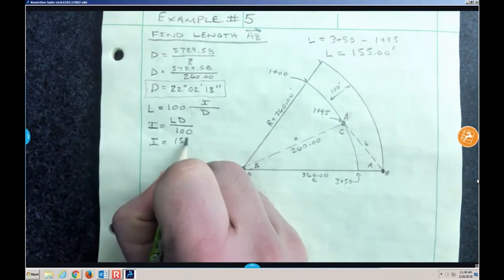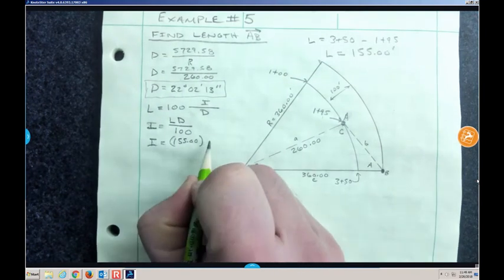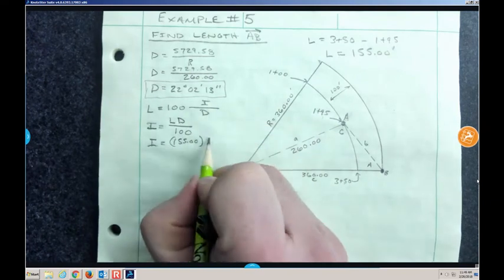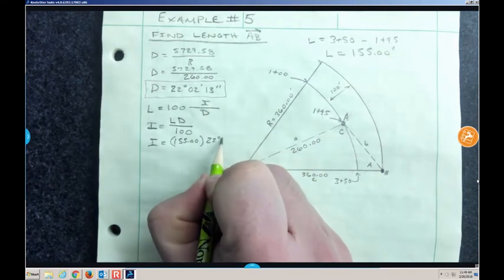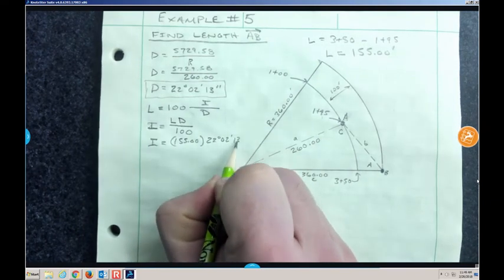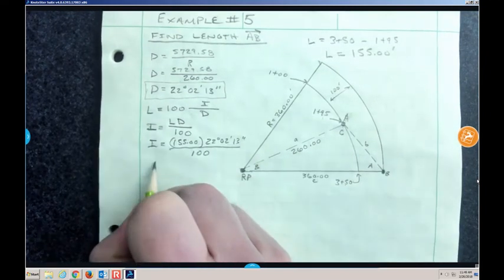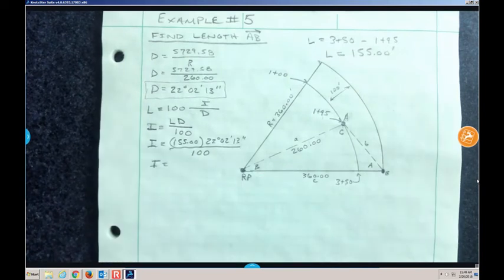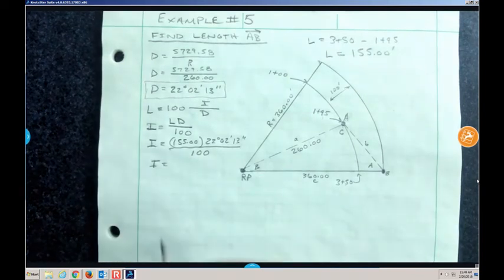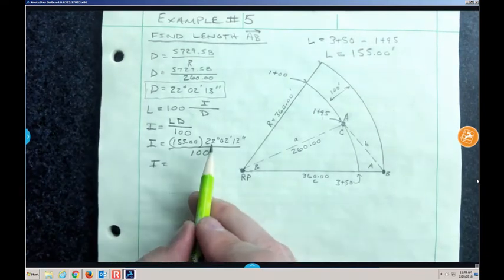I equals 155.00 times D. We figured out D, 22 degrees, 02 minutes, 13 seconds, divided by 100. So I equals what? 34.15 or 34.16. It should be in degrees.